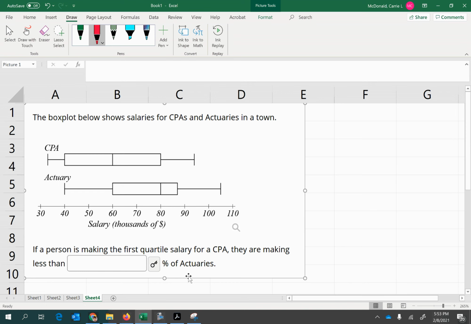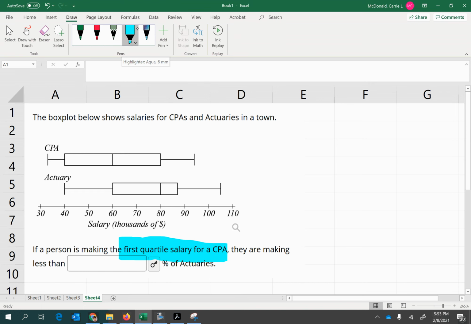So let's first locate the first quartile salary of a CPA. First quartile salary of a CPA is right here. So that lines up with $40,000 a year. So a person who makes $40,000 a year is making more than 25% of CPAs.